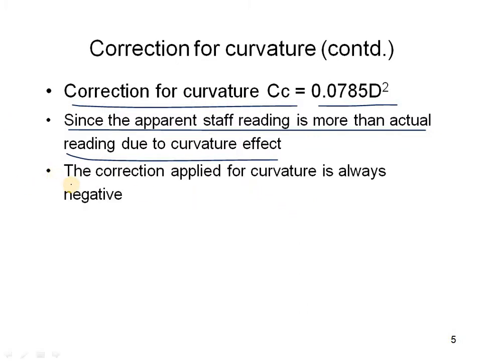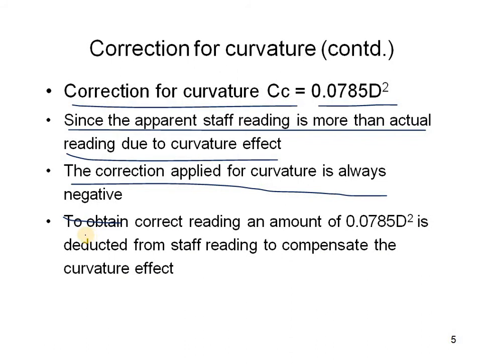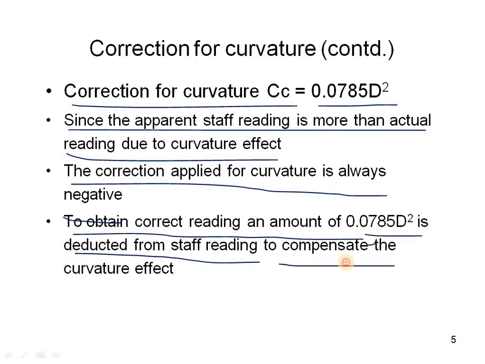The correction applied for curvature is also negative. So to obtain the correct reading, an amount of 0.0785 d square is deducted from the staff reading to compensate for the curvature effect.